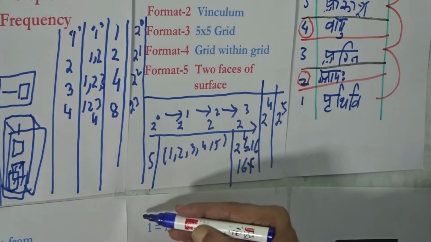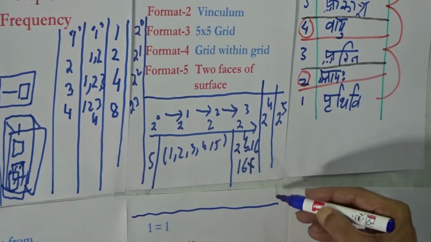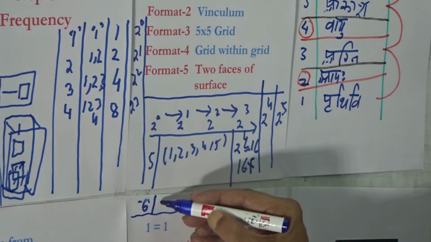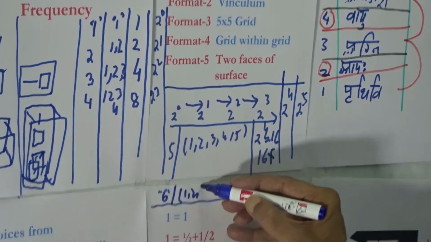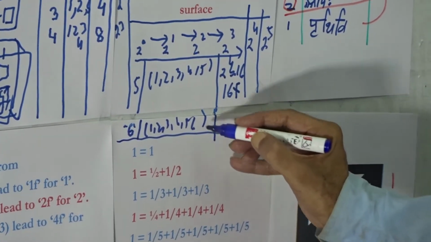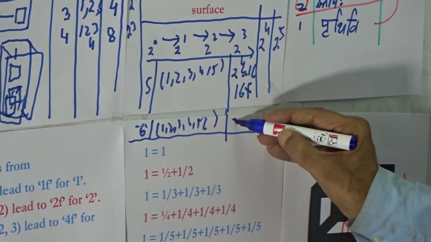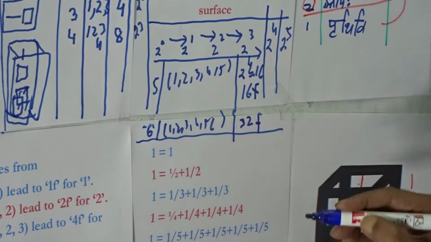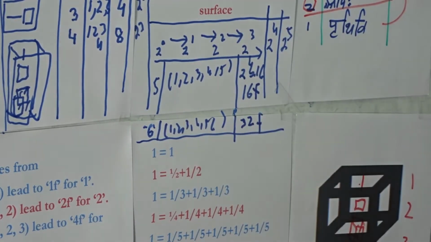A blissful exercise for us would be, let us see, we want to reach value 6 and choices are to be made from 1, 2, 3, 4, 5 and 6. Then our ways of reaching will be 32. We will call the frequency 32, and things can be extended.